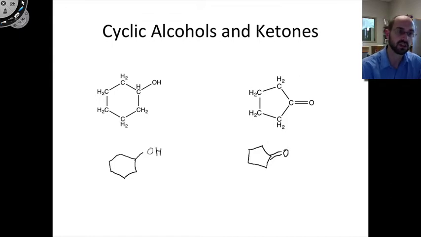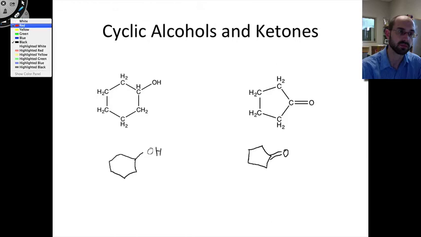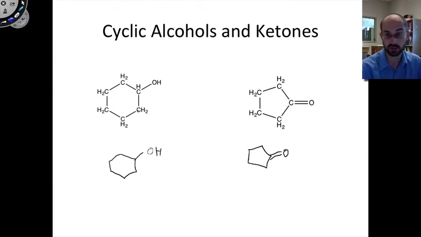The nice thing about cyclic molecules, when there's just one functional group, is that because it's a ring, there's no terminus, so you could say, all right, well, there's the 1 carbon. And you don't have to say 1-cyclohexanol, you just say cyclo, because it's a ring, hex, because there are 6 carbons, ol. This one is, again, cyclopentanone.